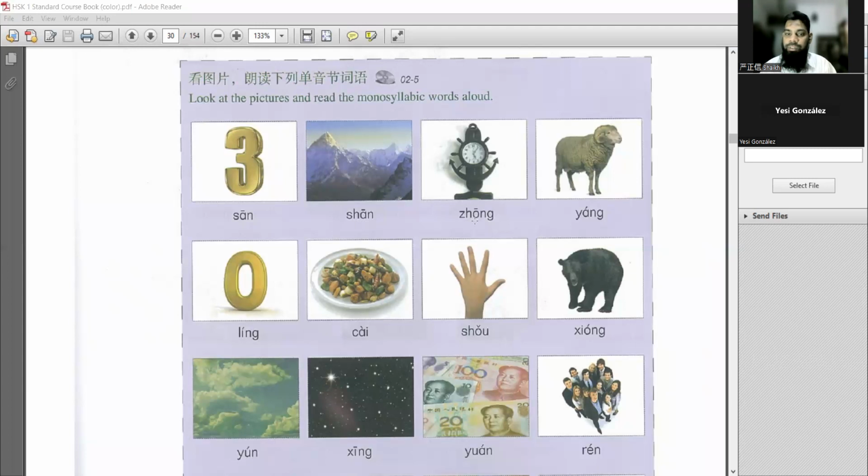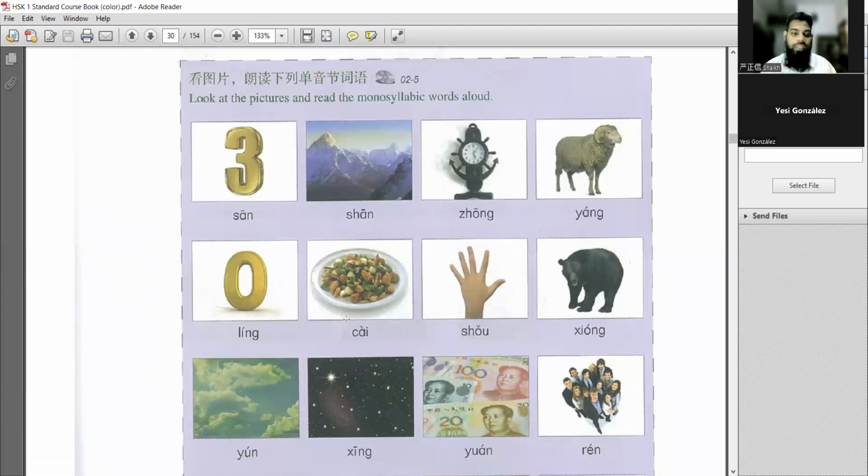And then we have dong, dong means a watch or a clock in Chinese. Okay. And then we have yang. Yang means a sheep in Chinese.